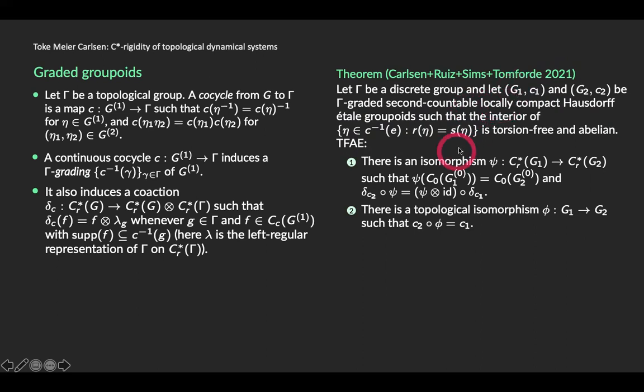It then follows that two topological groupoids satisfying these conditions are isomorphic in a graded way exactly when there is an isomorphism between their C-star algebras that maps the C0 of the unit space onto the C0 of the other unit space and intertwines the coactions coming from the grading.